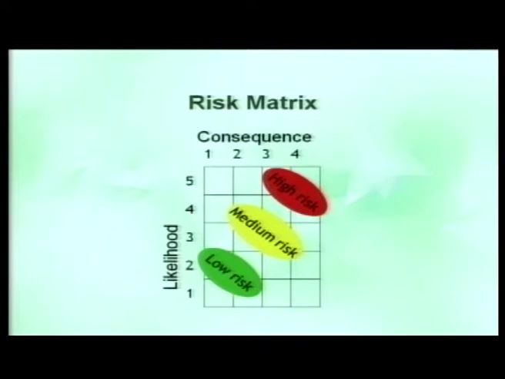If my likelihood is, let's say, 2 and my consequence is also 2, or you can say 3, then I classify those commodities as a medium risk. At such a stage, we may control them with a smaller operational control measure. When the likelihood of a failure is high and the consequence of such failure is also high, we categorize it as a high risk commodity.